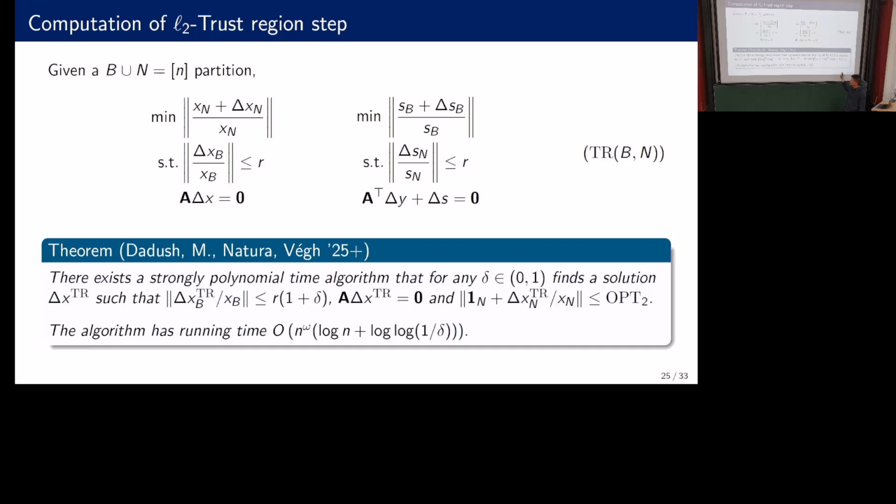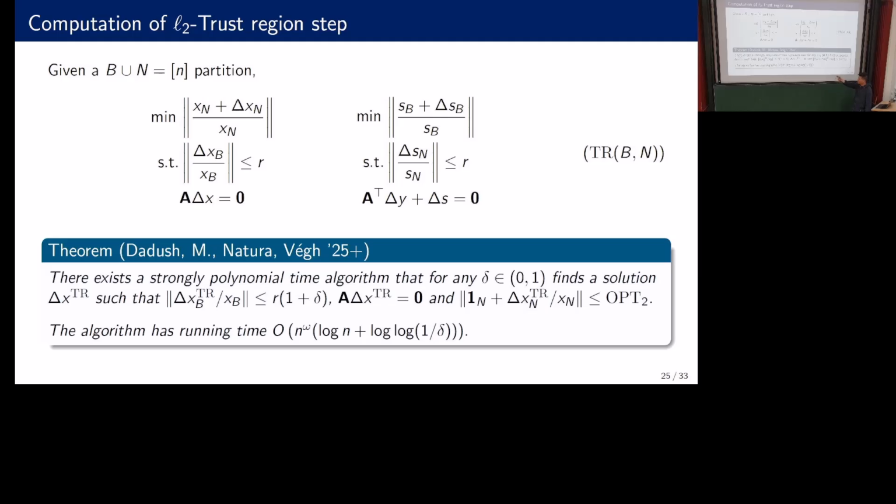And then as another result, we show that this problem can be solved in strongly polynomial time, although it is not very obvious from the look of it, because this is a convex quadratic program. Basically I can find a delta optimal solution, meaning I violate the linear constraint by at most a factor of 1 plus delta, and this achieves an objective value that is at least as good as the true optimum value of the trust region problem.